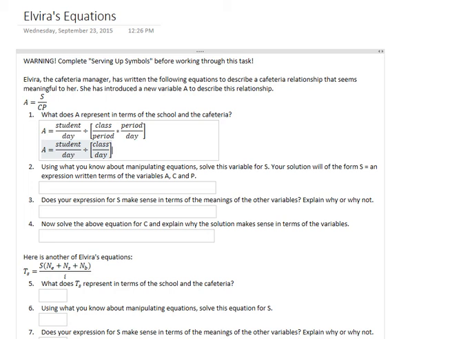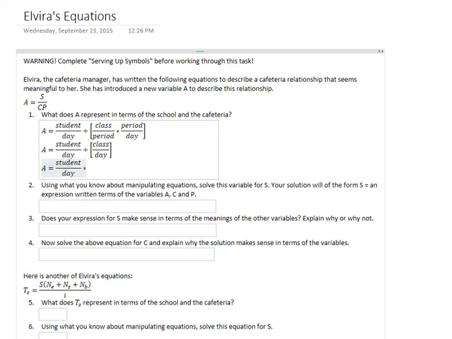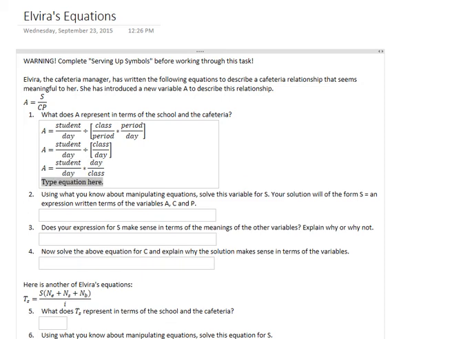Now remember that when we are dividing fractions, we don't want to divide fractions. Instead, we want to do keep, change that to division, and then flip our second fraction. And again, since we're multiplying, we can see that cross-canceling happening. So A equals student per class.